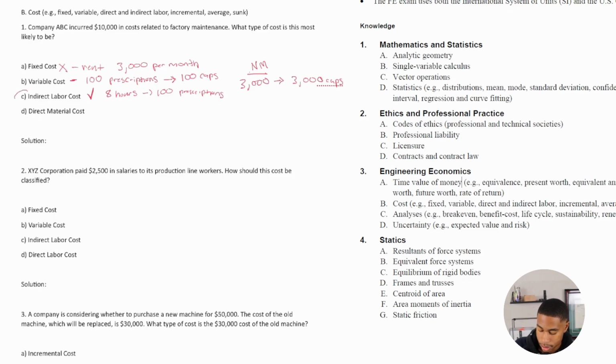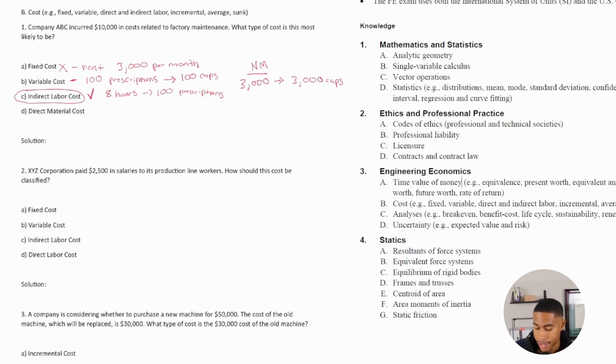So C is going to be great. And then D, direct material costs. Well, this is not a material cost because somebody's having maintenance.